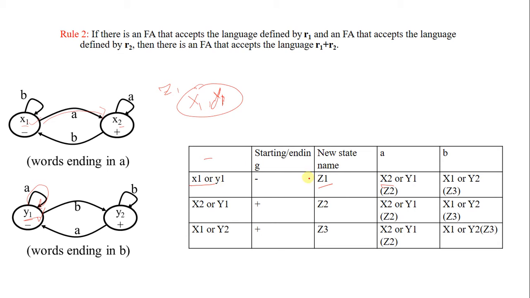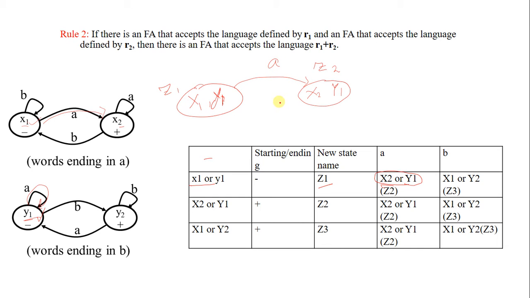So I write here y1. This is a new combination, x2 and y1, and I call it z2. So if you read letter A, you reach here.